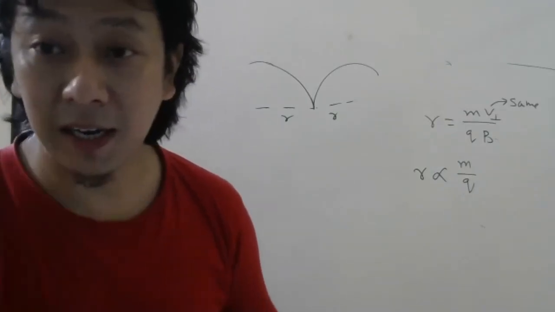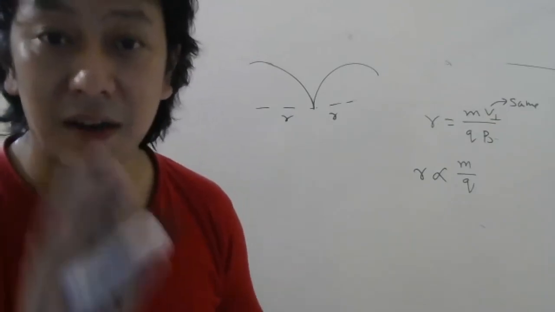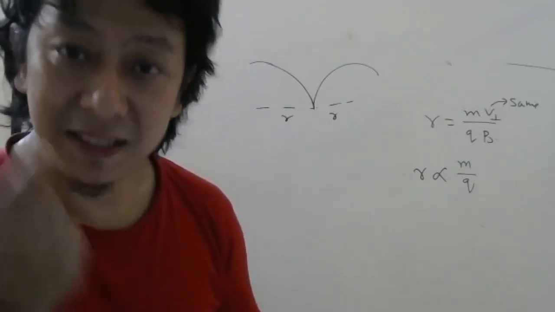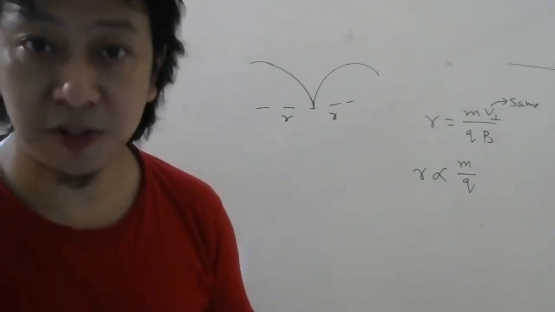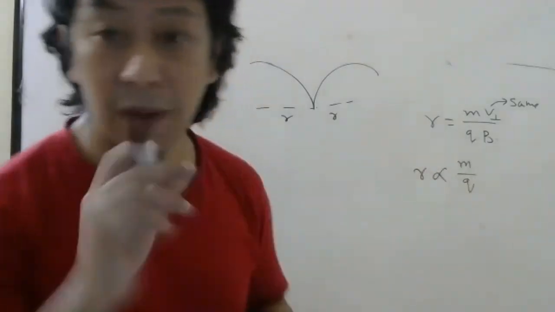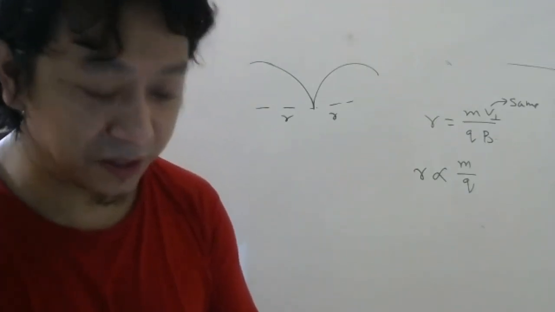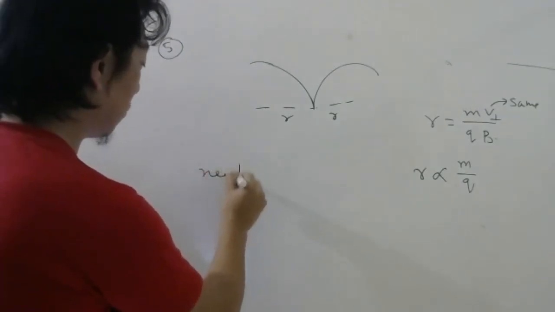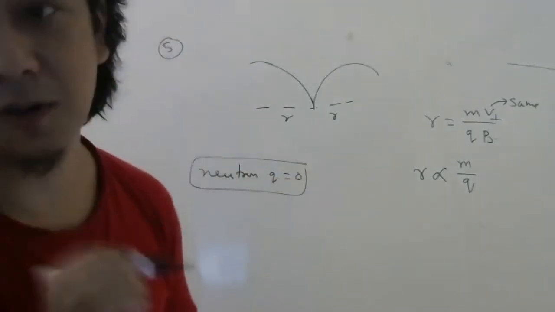They necessarily represent particle, antiparticle? Particle and antiparticle I will be teaching in nuclear physics. But right now, just remember, antiparticle means it is exactly same as particle but opposite charge. So you may think it can be particle and antiparticle. But for neutron, what is the charge? 0. So what will be the force on neutron? 0.